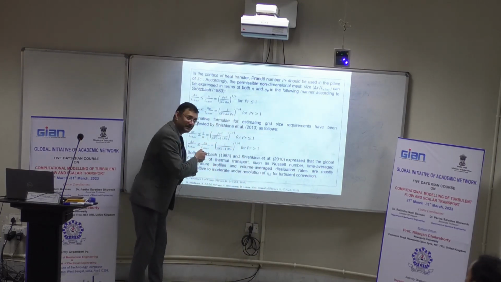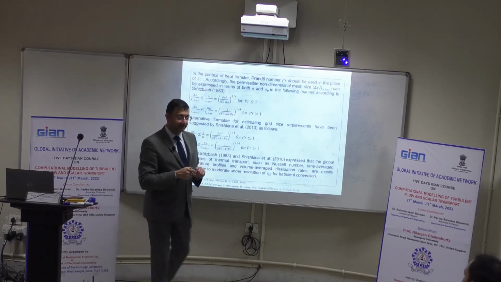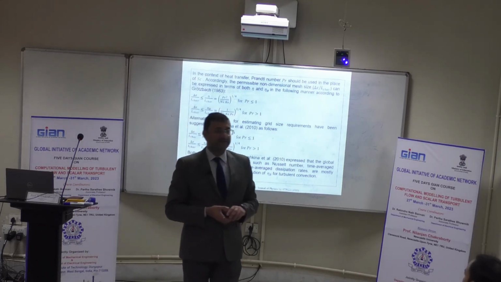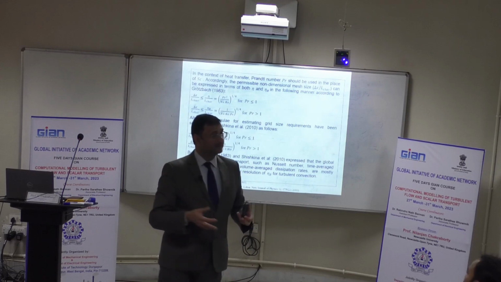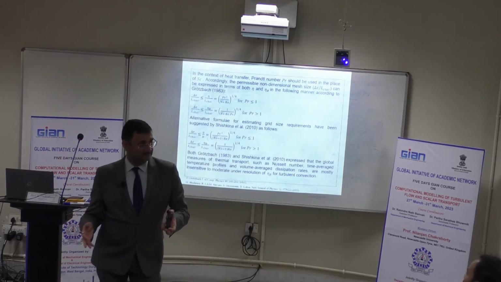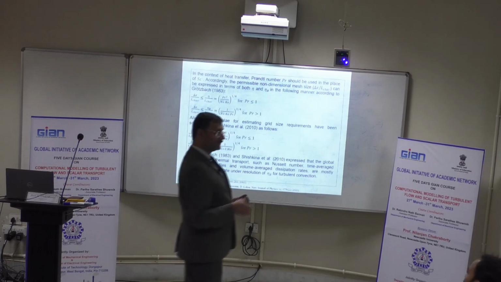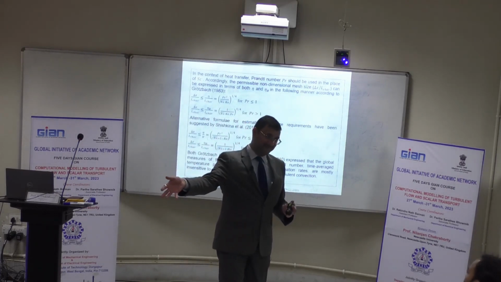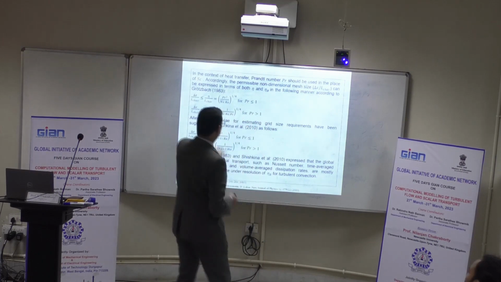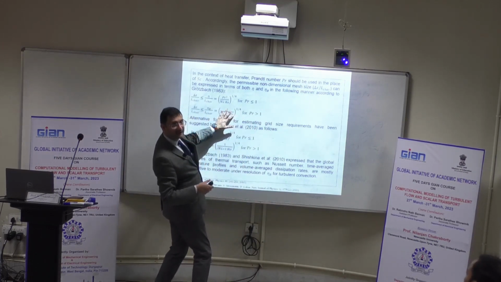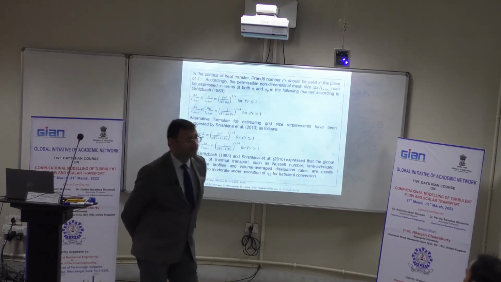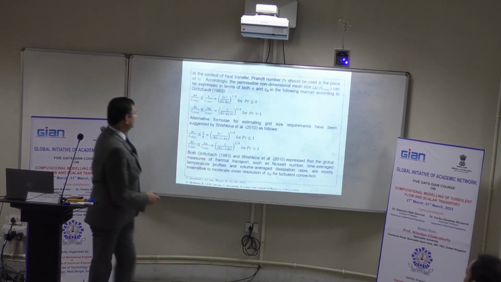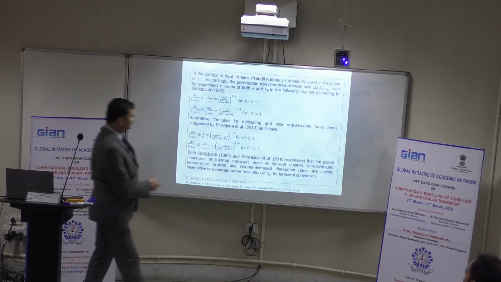If I know what Rayleigh number I am going to simulate, what Prandtl number I am considering, and if I have some estimation of Nusselt number beforehand, if I know some experimental values of Nusselt number, or some Nusselt number correlations available in the literature, I can put everything there, right? And based on that, I can come up with the value for the delta x. There are alternative expressions in this manner as well.